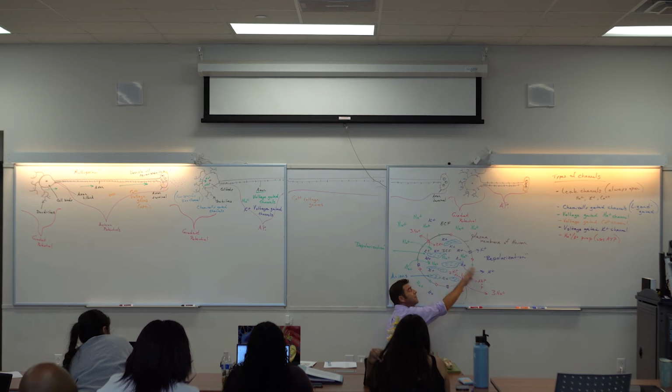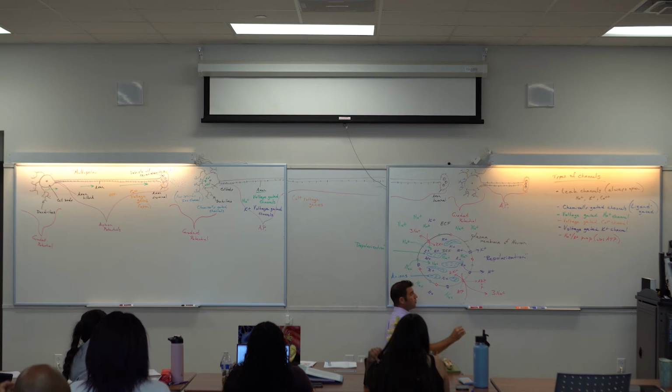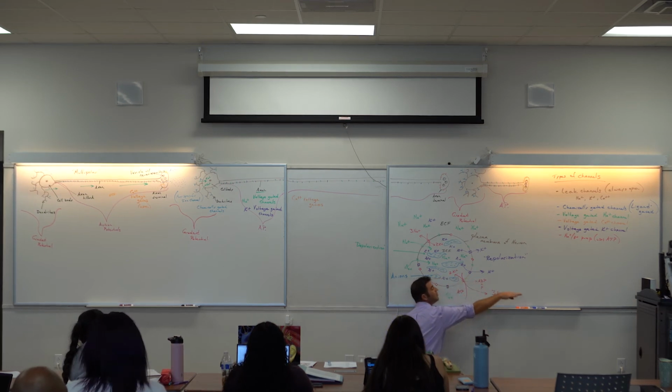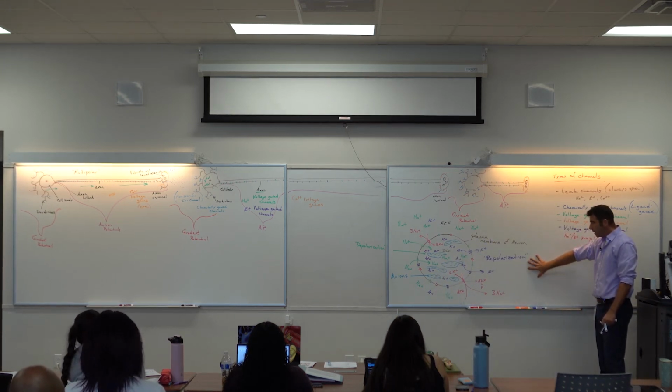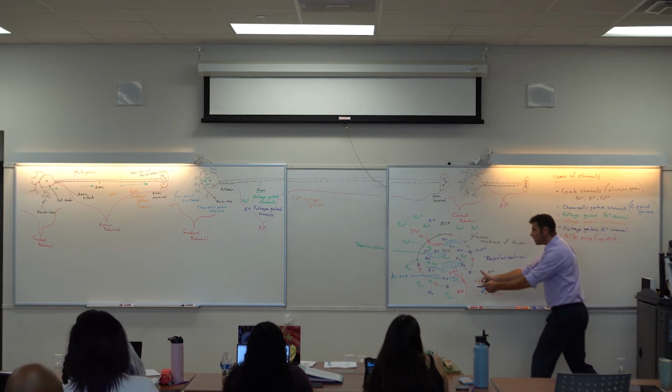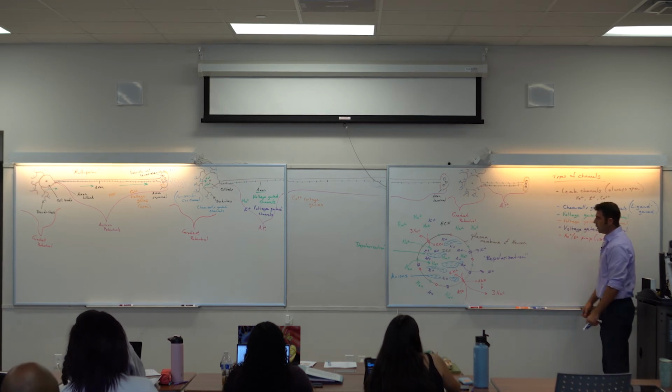Potassium is going to leave the cell because it's going to go down its concentration gradient, from an area of high concentration out towards an area of low concentration, but it's going against the electrical gradient. These are positive charges, and they also like those negatively charged anions. So it reluctantly leaves those negative charges. So repolarization, like we said, is a little bit trickier than depolarization just because the concentration gradient is the only thing that's pushing these potassium ions out. The electrical gradient kind of wants to hold on to them.